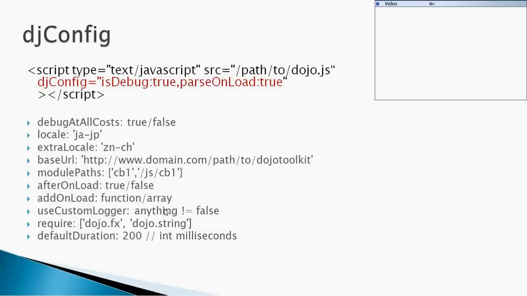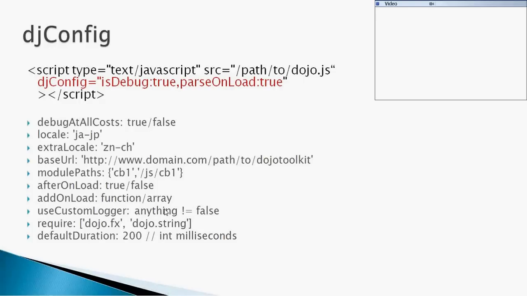Okay, and from here you can also say what function should run after onload, and some other configuration. Don't worry about all the configurations, because then it will take too much time. What does addOnLoad mean?